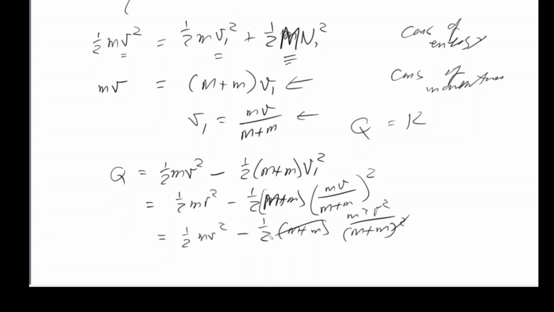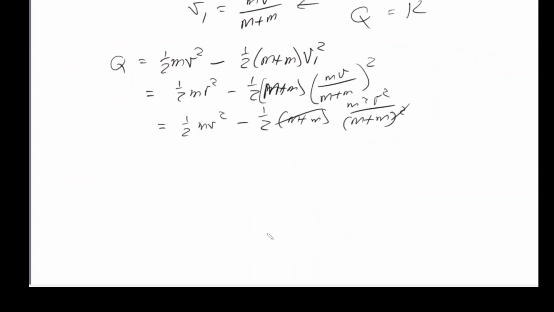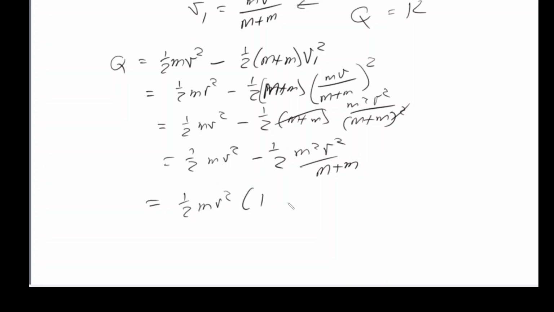Well, one of these cancels out, and we end up with 1/2 mv squared minus 1/2 m squared v squared over big M plus little m. Well, we can take 1/2 mv squared out, times 1 minus m over big M plus little m.